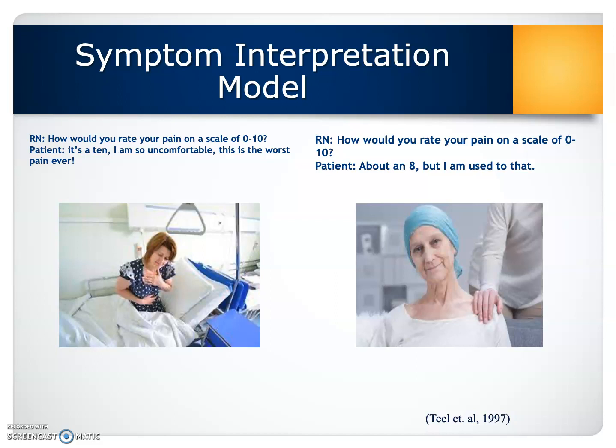Or they may have a high pain tolerance, so we talk about that all the time. So symptom interpretation and the subsequent behaviors depend on how a person views the stimulus, such as pain or other symptoms, and this drives how they respond to or manage the pain.